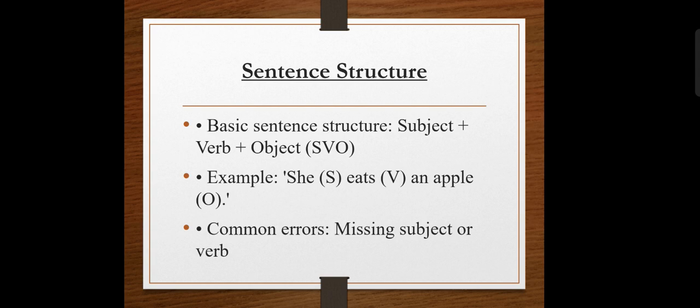We will be saying eats an apple or eat apple. So can you make a sentence using the structure subject, verb, object? First of all, you have to think the sentence in your mother tongue, which is Malayalam, and then you can change it to the subject, verb and object structure, and properly write a sentence in English.